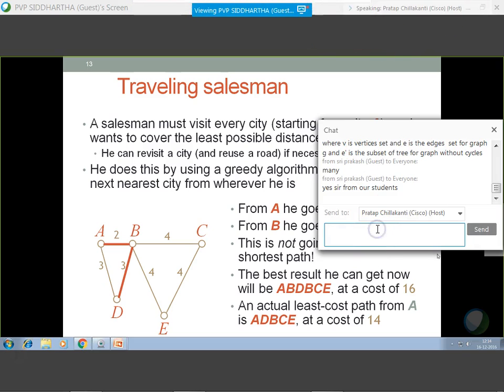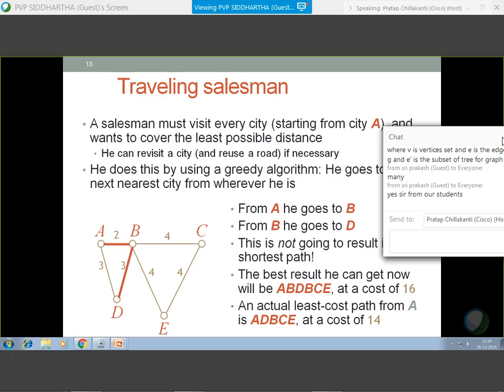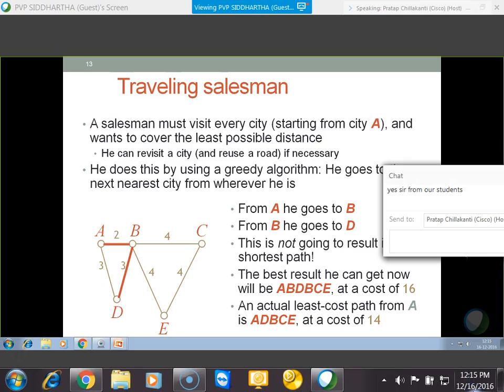Siddhartha, I'm seeing you put something in private for me. A graph with n vertices has n raised to n minus 2 possible spanning trees. Yes, I agree with all of those things. We'll come to those things. Okay, good. Continue.